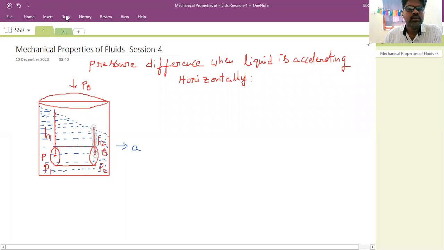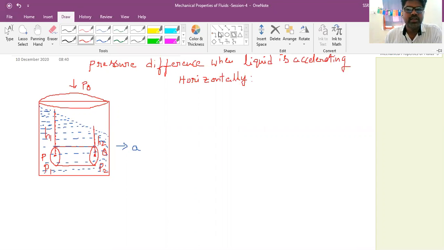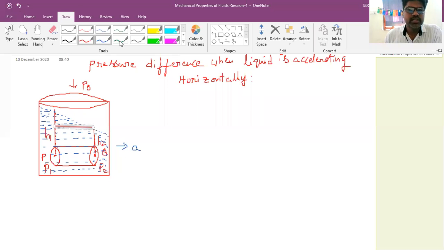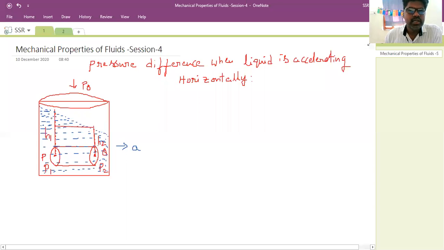Now you can draw one more horizontal level between the free surface points of P and Q. This is the horizontal level. Then there is a height difference again between them, that is H1 minus H2. What is this? This is the difference, let us say some H.